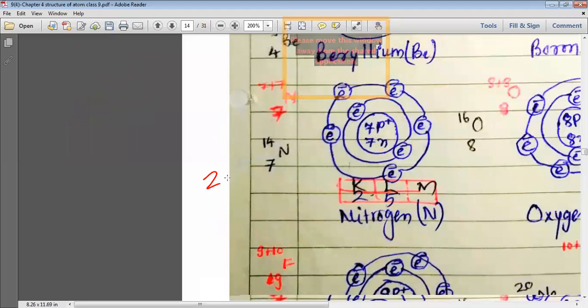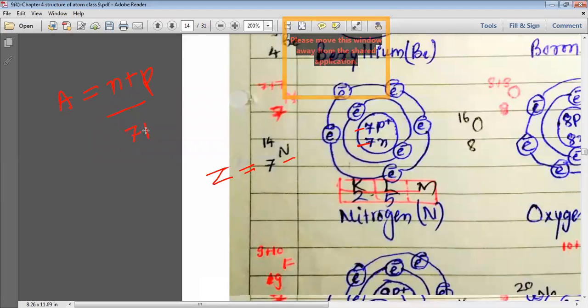Atomic number Z is determined by the number of protons, and the number of protons here is 7, and that is why we write Z is equal to 7 for our nitrogen. Now the atomic mass A is determined by the number of neutrons plus the number of protons. Here you can see that we have 7 neutrons and 7 protons.